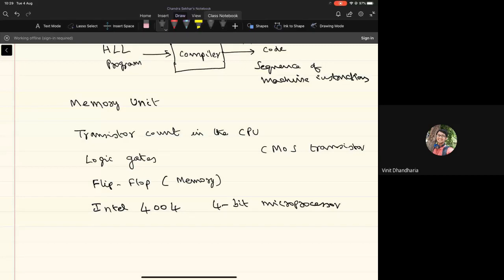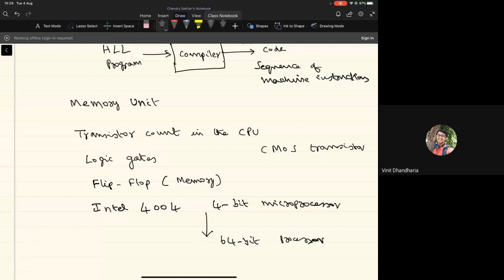And from the 4-bit microprocessor in the 1970s, we have come to the 64-bit processors nowadays. I think many of you are familiar with many of the current day processors because you would have been looking at the specifications for them.